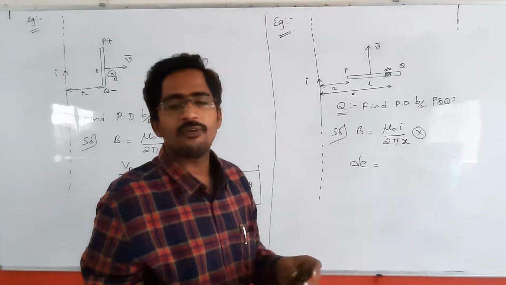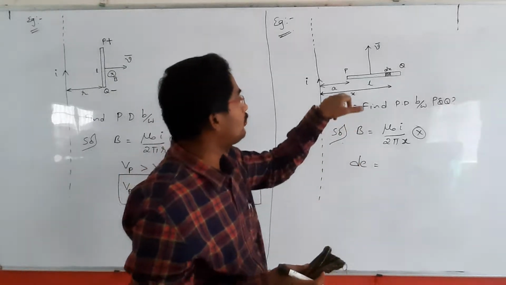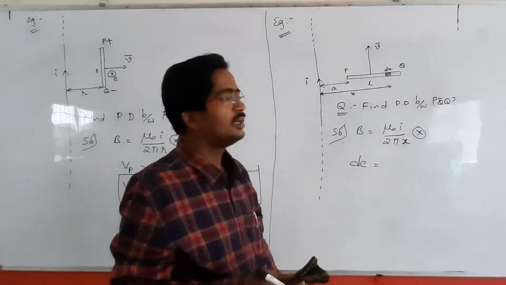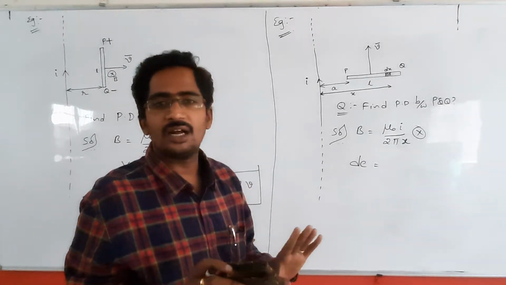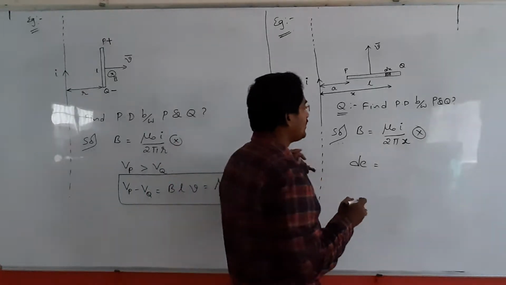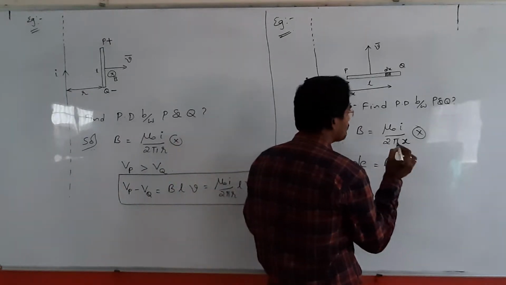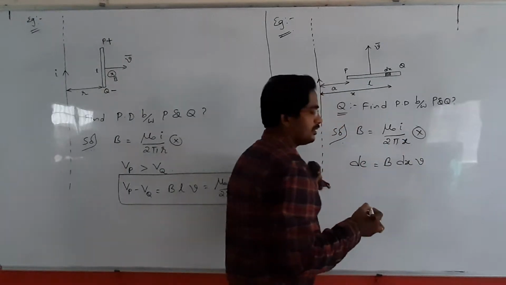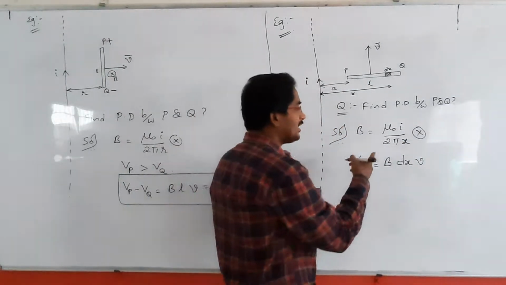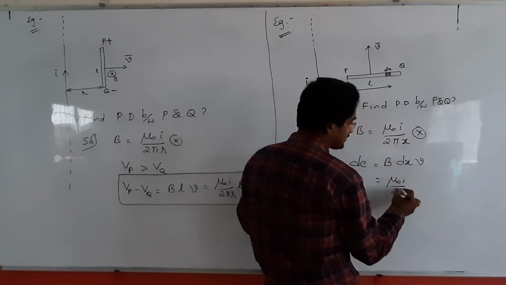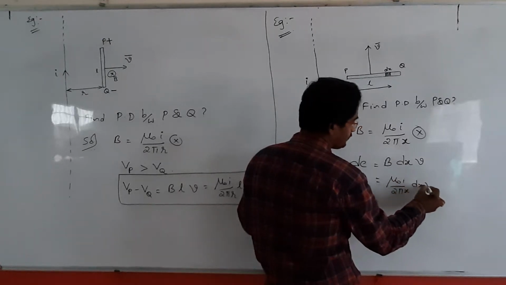What is the induced EMF formula? BLV, because B is inward, L is horizontal, velocity is upward, so all are mutually perpendicular. So we can write d epsilon as B dx v. What is the B value obtained above? Mu naught I by 2 pi x, into dx, into v.